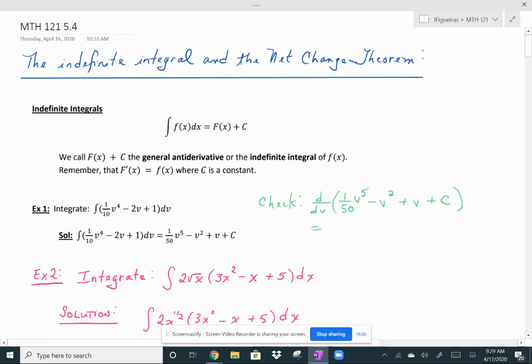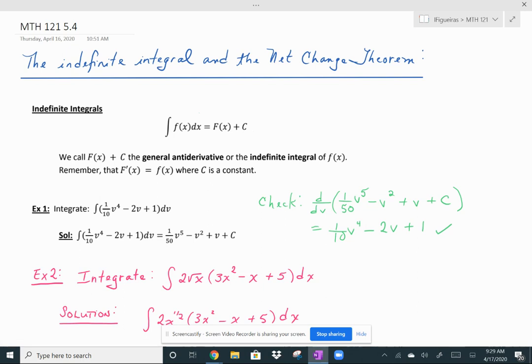Remember, here it's just power rule, so you're doing things in a slightly different order when you're checking. So it's 5 times 1 over 50, that's 1/10. Subtract 1 from the exponent. Here, again, power rule, 2v. The derivative of v is just 1, and the derivative of a constant is just 0. So your antiderivative equals what you started with.